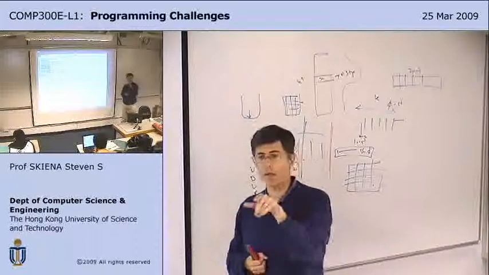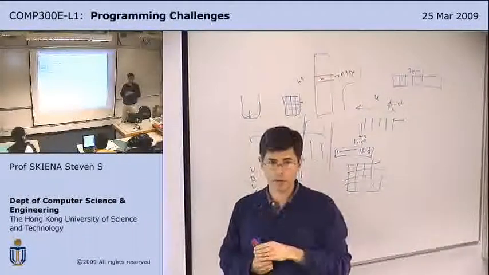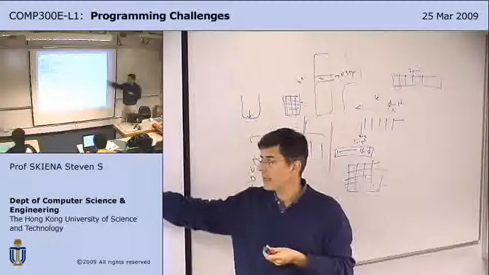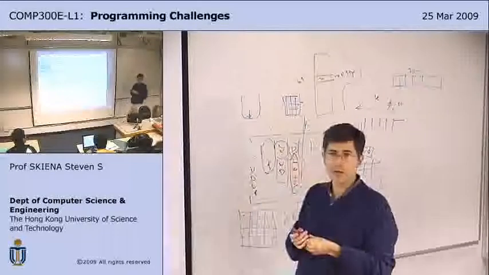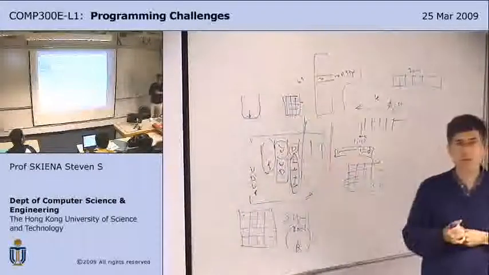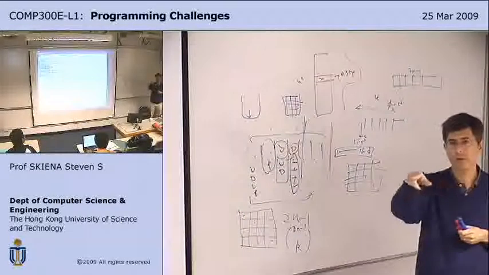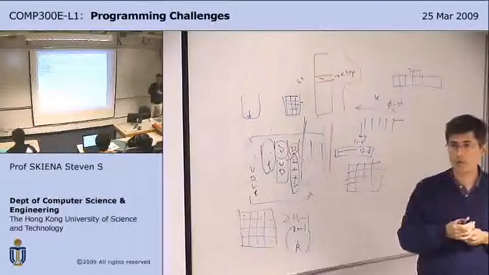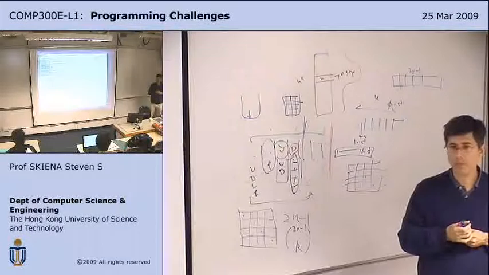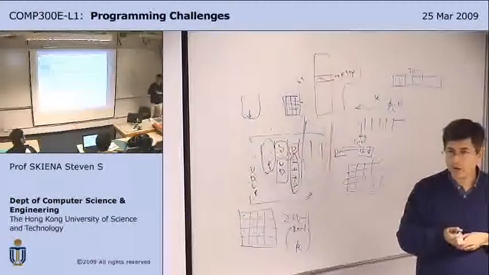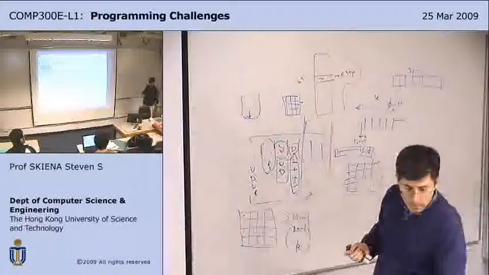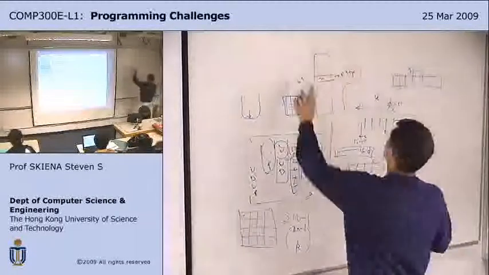I say write a recurrence. Is there a recurrence, or a way we can count this thing? Any ideas? Okay. I just try out all the possibilities. Let's see if we can write a recurrence for this.